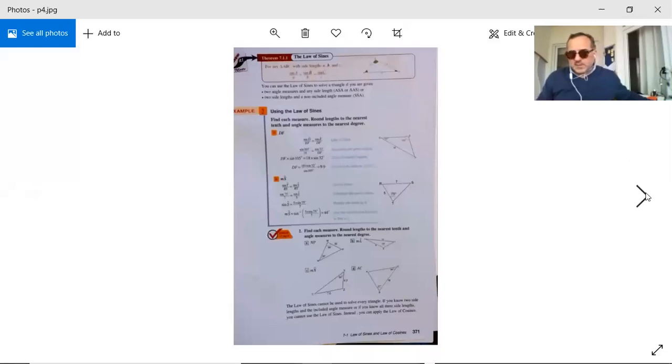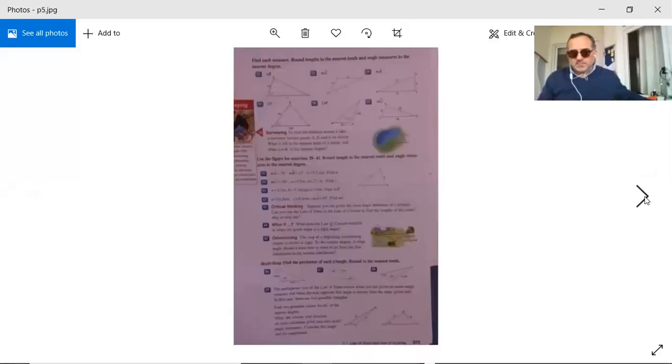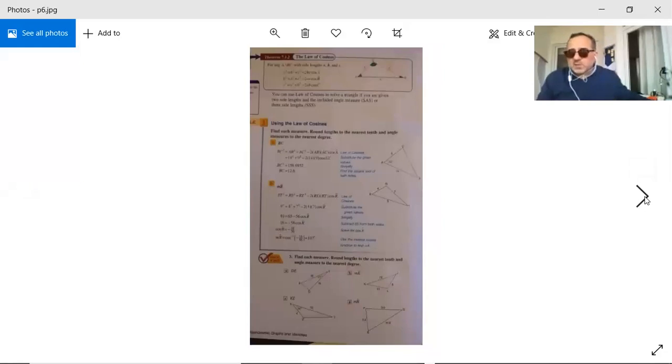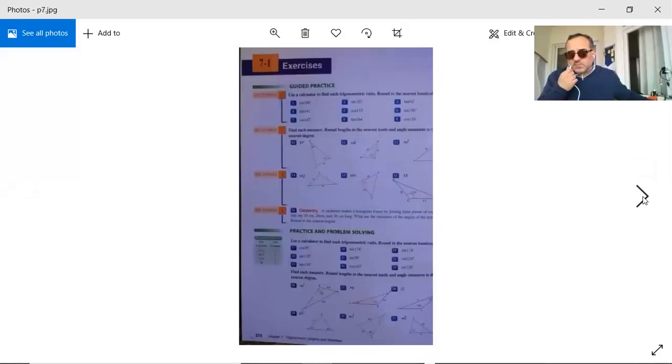What's included in the quiz on Sunday? Chapter 7, section 1 and section 2.